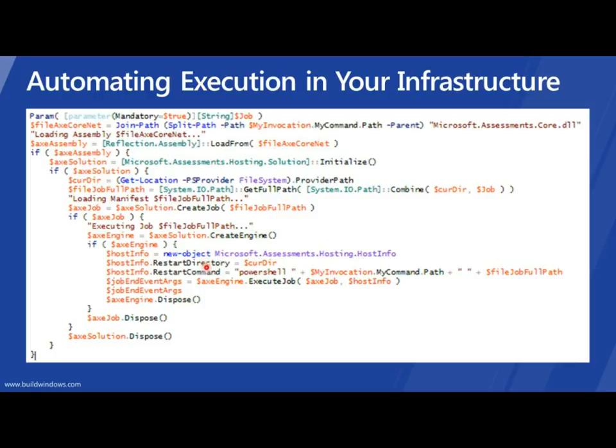Then after I set a few parameters so that the framework knows how to execute me again in case the assessment reboots, I can execute the job. Once the job is finished executing, I can print out the information that's returned to me. And it's as simple as that for those of you who are well versed in PowerShell script. From here, you can customize it even further. Now you have the ultimate in flexibility when executing assessments.